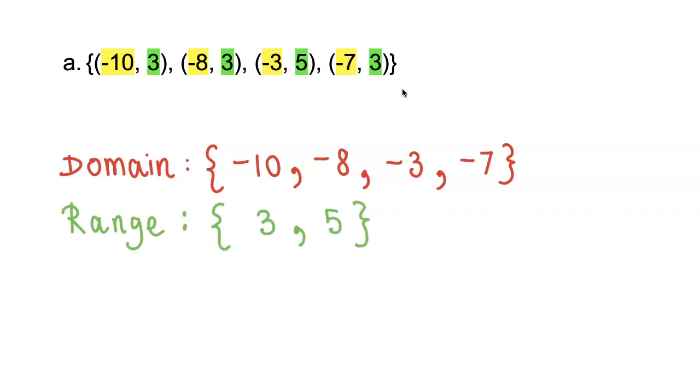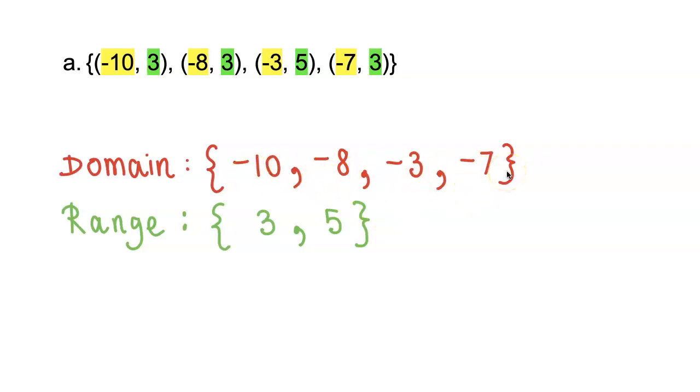Now, the last thing that we have to do is to tell whether this is a function or not. So if you want to see if a relation is a function or not, you need to make sure there are no repeating x values. Do we have 4 different x values? Negative 10, negative 8, negative 3, negative 7. All the numbers in the domain are different.